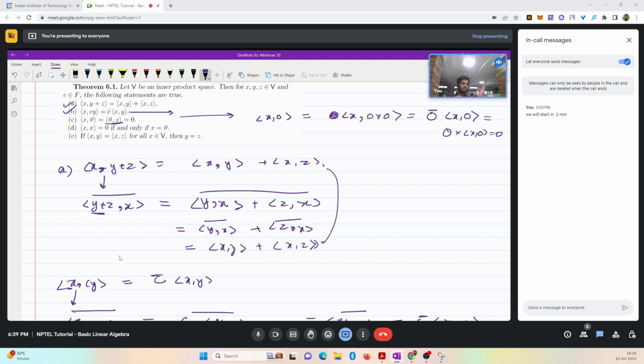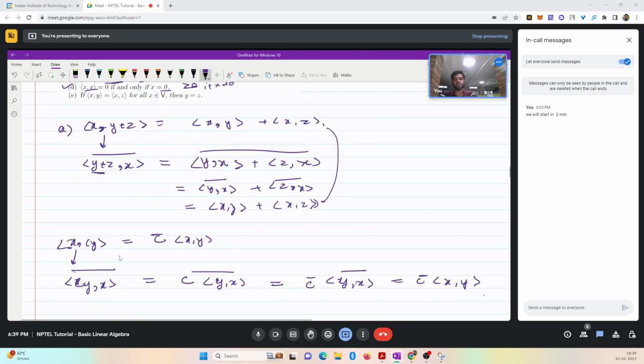So if you have 0 in any of the components, then its inner product with any vector would be 0. This is true, right? Even for the dot product, if you take the dot product of 0 with any vector, it is 0. This property we have already proved, that <x, x> is greater than 0 if x is not equal to 0. This is from the definition of inner product space. And it is 0 because if any of your components is 0, then it will definitely be 0.